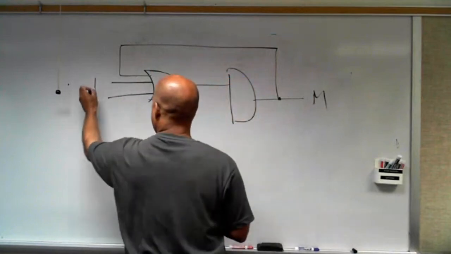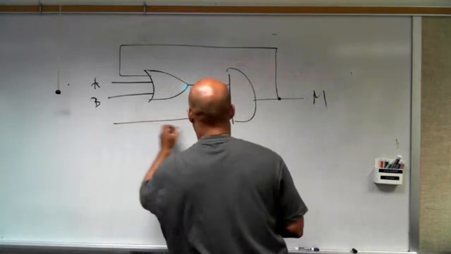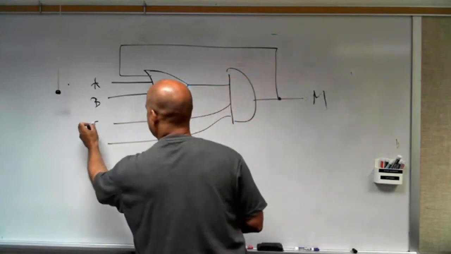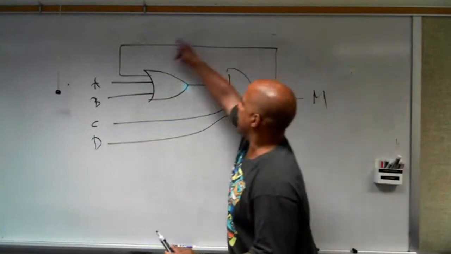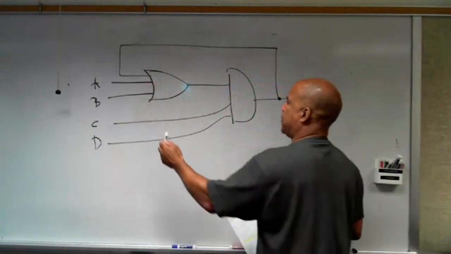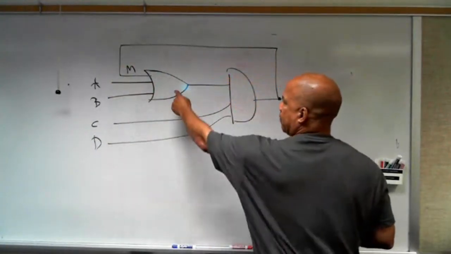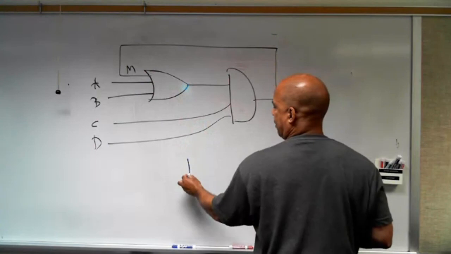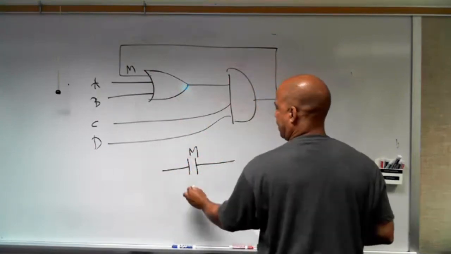Over here you had A, B, and then you had C and D in the AND gate directly. A few people got confused on what to do with this, and you just act like it's another input. So you put an M here, and then when you show this as your ladder logic, you just show that as an input.